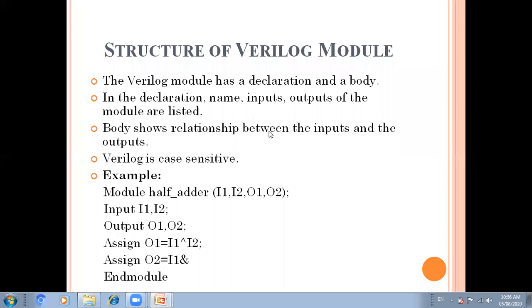Those are the primary constructs. The VHDL code is mainly divided into two major primary constructs: one is the entity and second is the architecture.